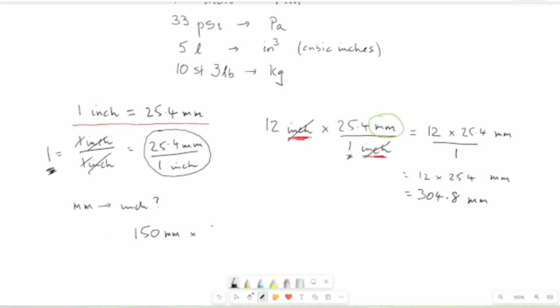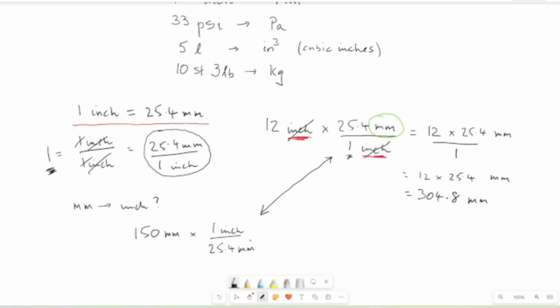And what I'm going to write here is 1 inch divided by 25.4 millimeters. And you'll see that this is actually just upside down compared to the way we had it before.